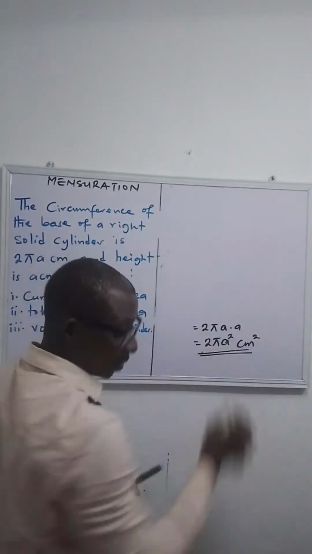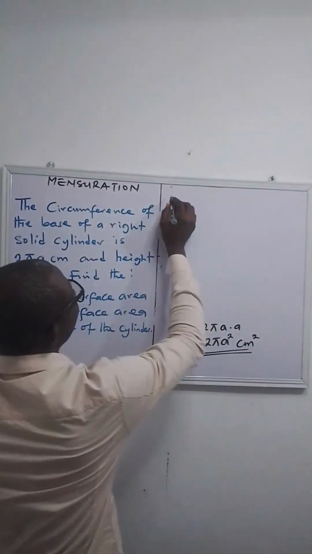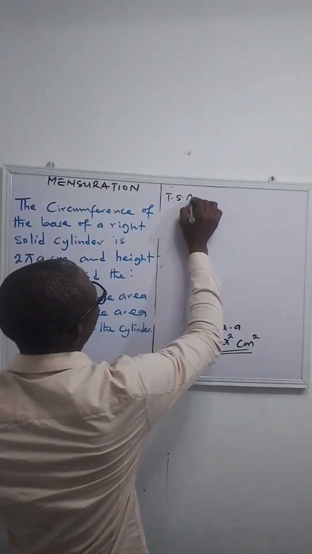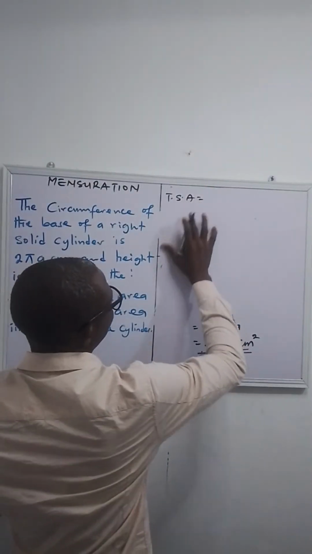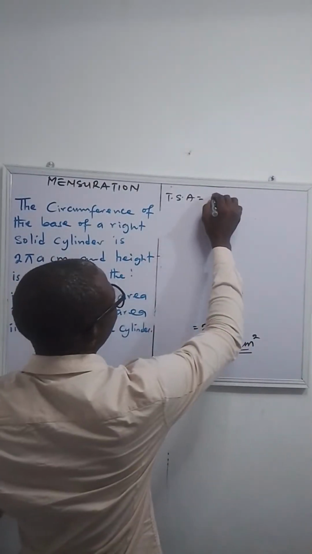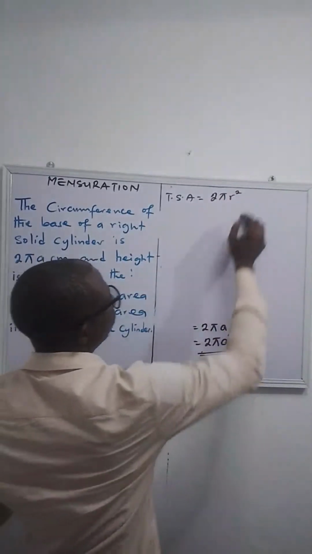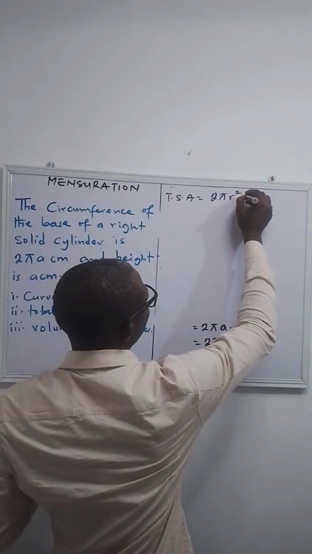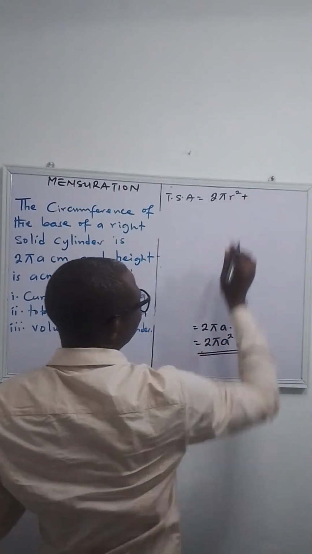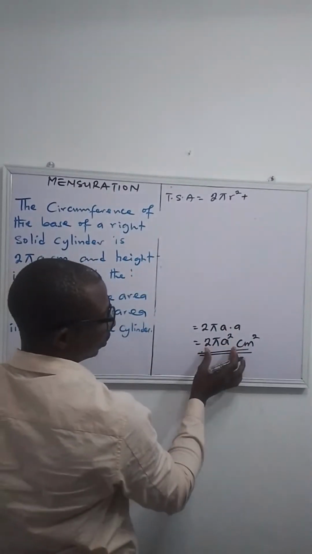So total surface area is the area of the two circles, that is 2 pi r squared, okay, plus the curved surface area, which is this.